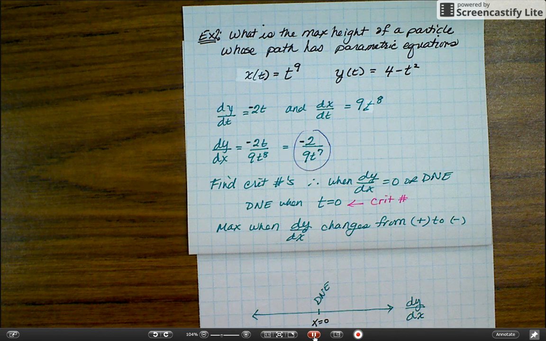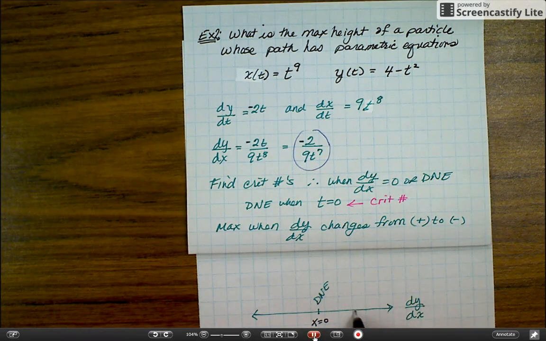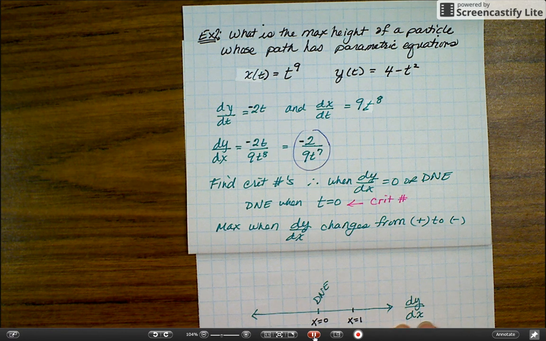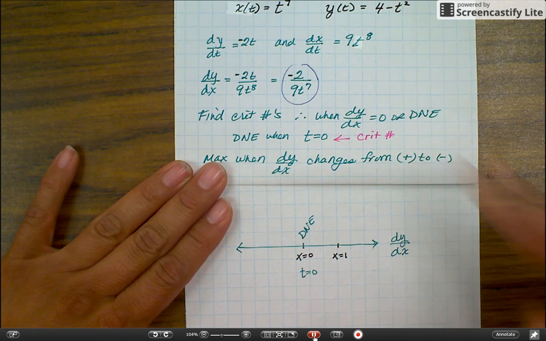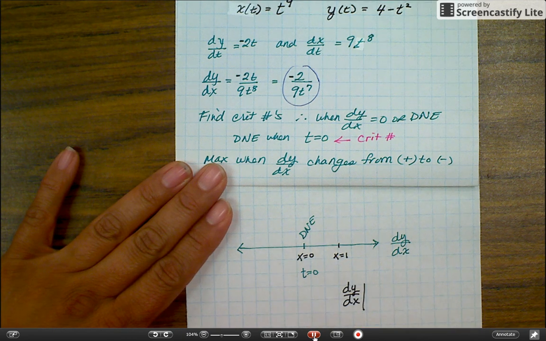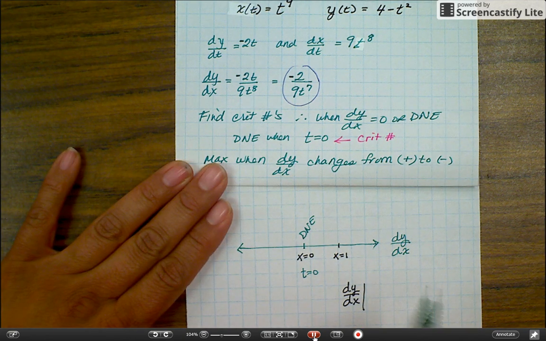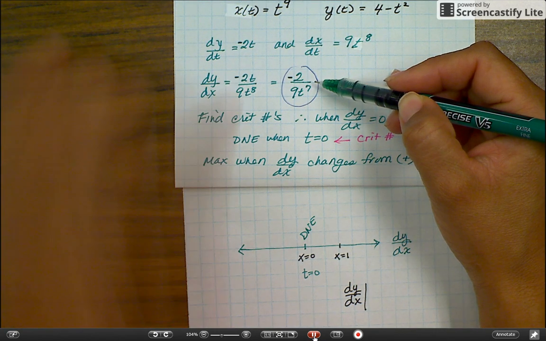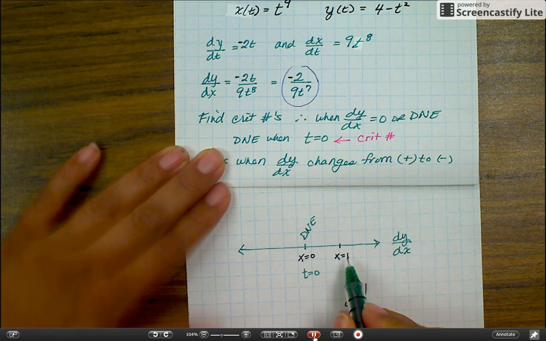So now I want to go to the right and find out what is my sign on the right. Here's 0, so give me a value that's on the right. X equal to 1. Now I want to find out what is the derivative when x equals 1. Well, I need to know what t is because my dy/dx is in terms of t. So when x is 1, what is t?